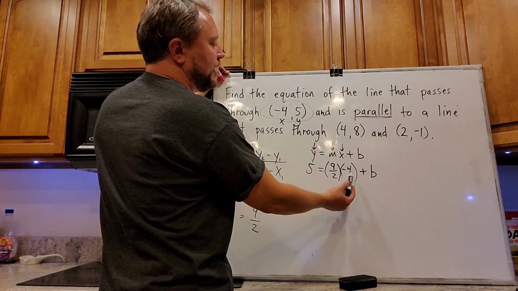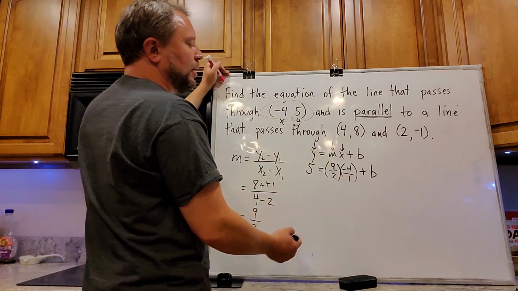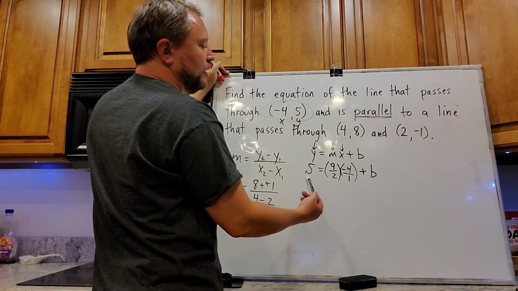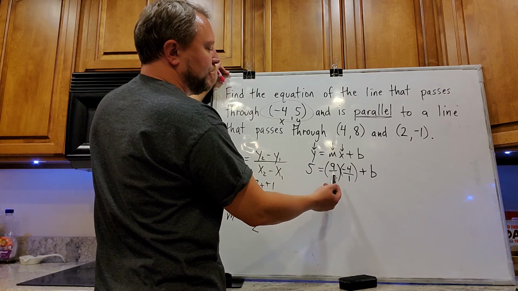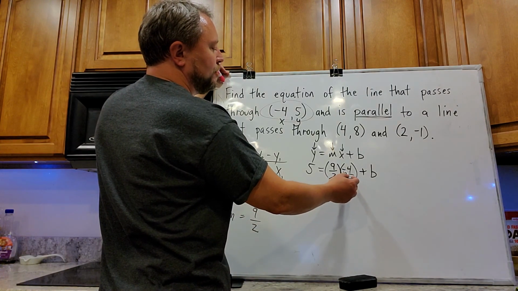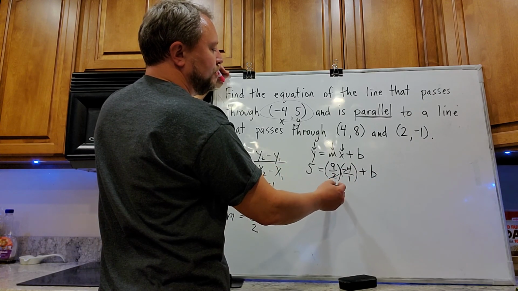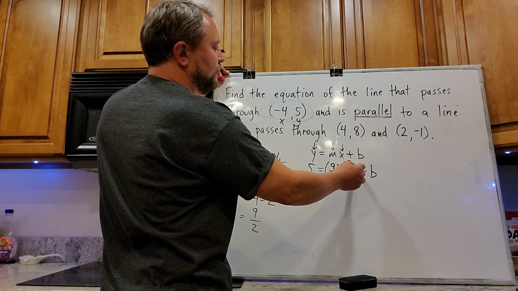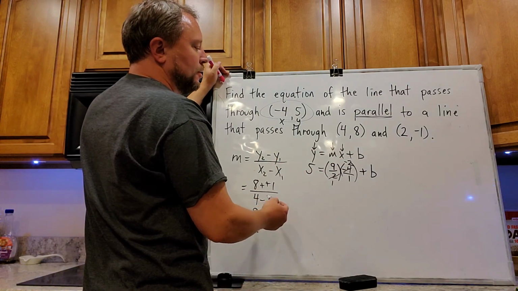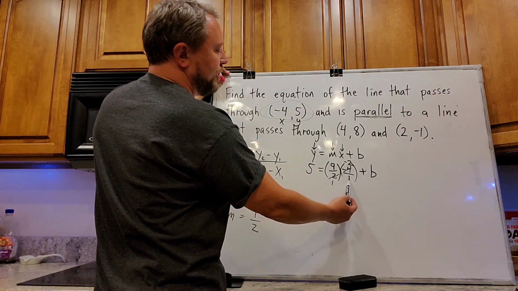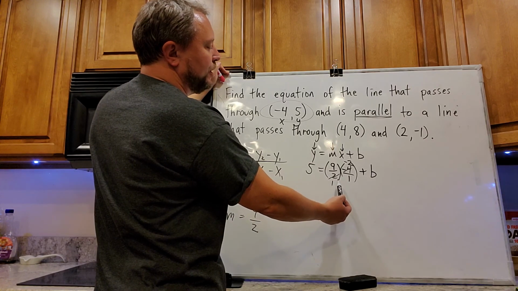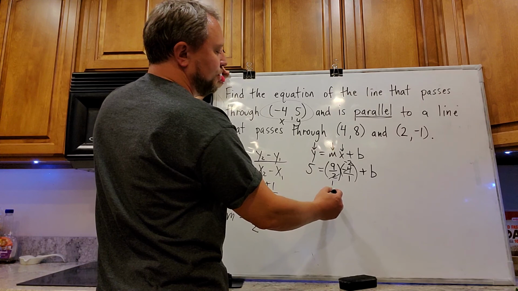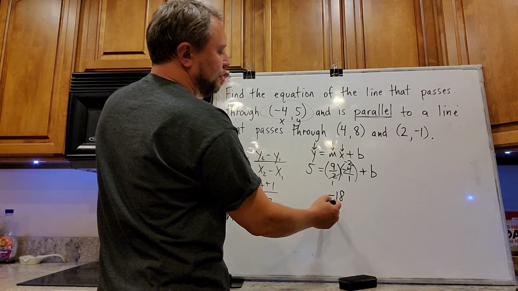I'm going to call this -4 over 1, like we did earlier, to make the multiplication easier. And again, there's some canceling we can do. 2 goes into 2 once, and 2 goes into -4 2 times. So on the bottom I just have 1 times 1, so this is going to be a whole number. And on top, I have 9 times -2, which is -18.